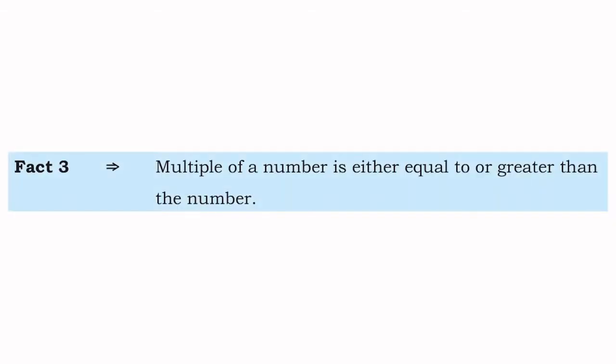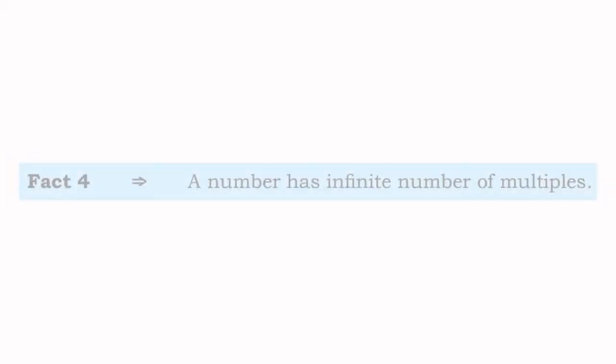A multiple of a number is either equal to or greater than the number. We've seen that the multiples of 3 are either equal to 3 or greater than 3. And the last fact, fact 4, a number has infinite number of multiples. So the multiples of 3 are 3, 6, 9, 12, 15, 18, and it goes on.